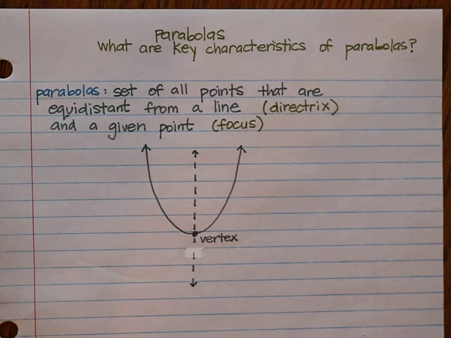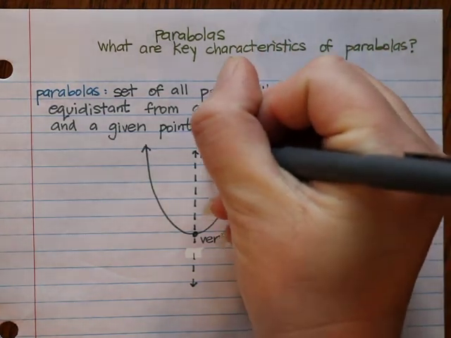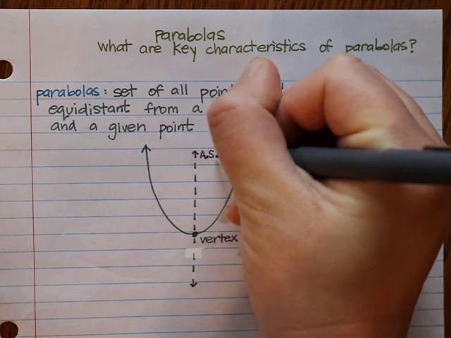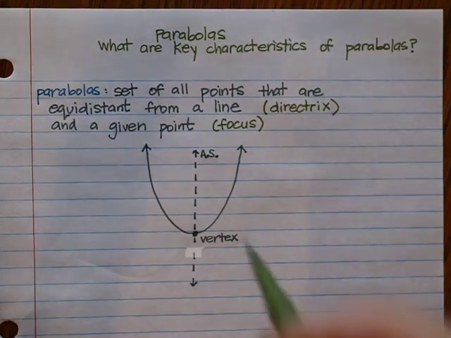X-axis, y-axis divides the top and the bottom of the graph, left, right. This divides our parabola in half. I'm going to be lazy and just call it AS, but if you want to call it ASym or whatever works best for you. But those are some things that we remember. And now I'm going to get into some things that are a little bit new and a little bit different and a little bit awesome.